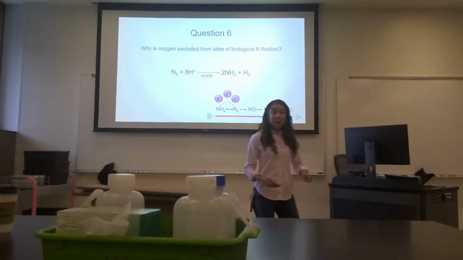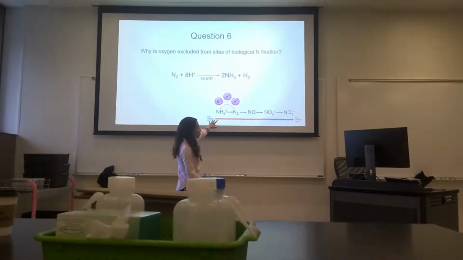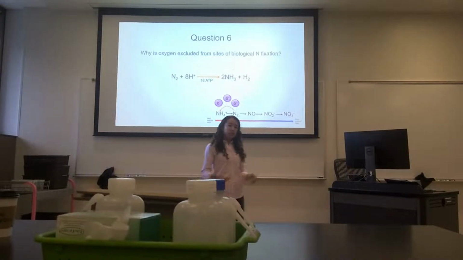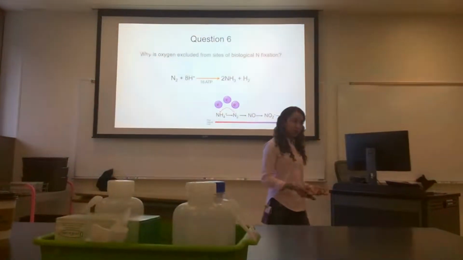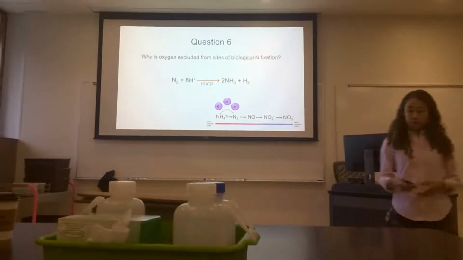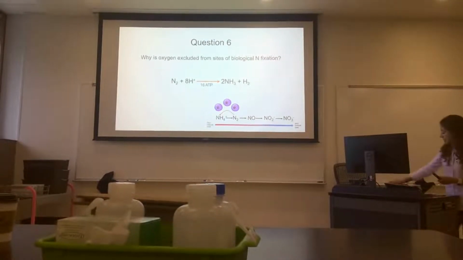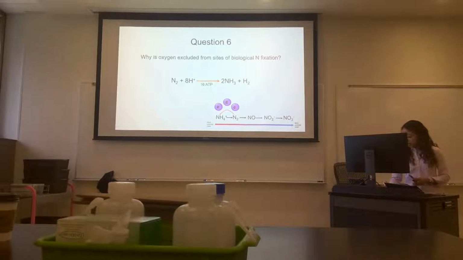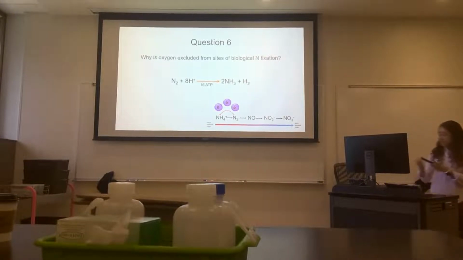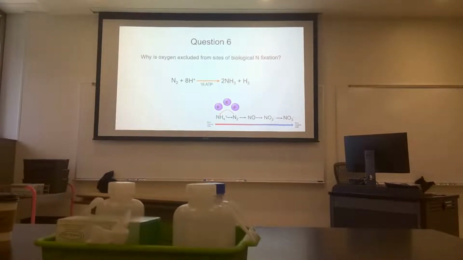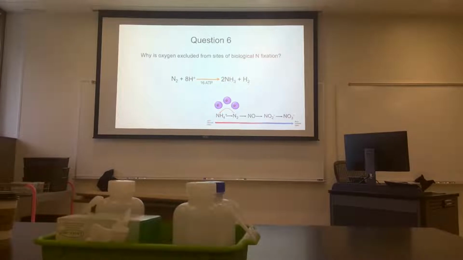So if you have oxygen in here, what you're going to end up reducing is oxygen, and that's not the goal. What you want to reduce is the nitrogen. You don't want oxygen to outcompete the nitrogen. So oxygen has to be away, outside from the places where nitrogen is being fixed.